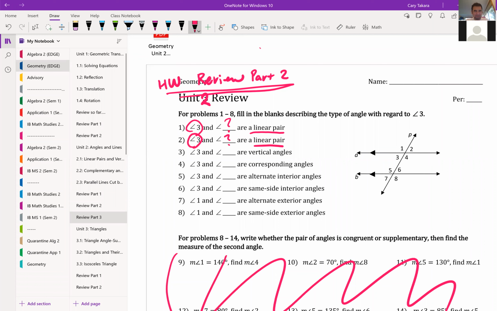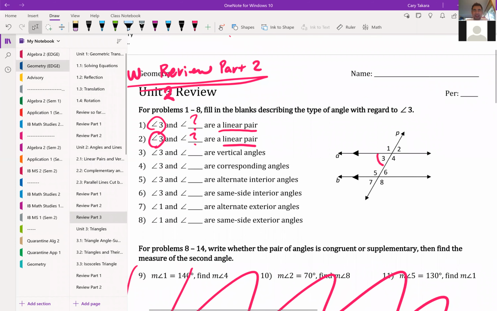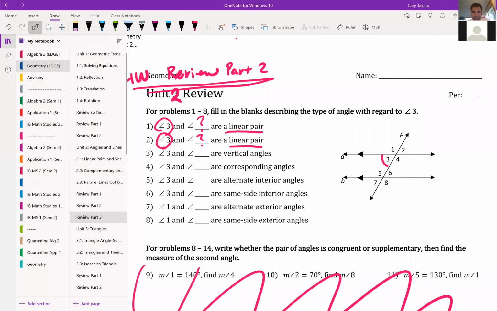Can you guys name that? So angle 3 is right here. Angle 3 and which angle will be linear pair? What do you guys think? There are 2 possibilities, and that's why there are 2 answers.